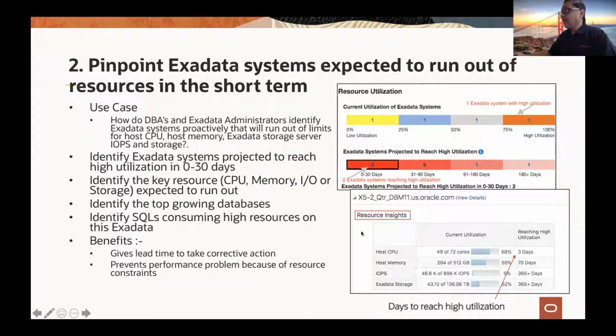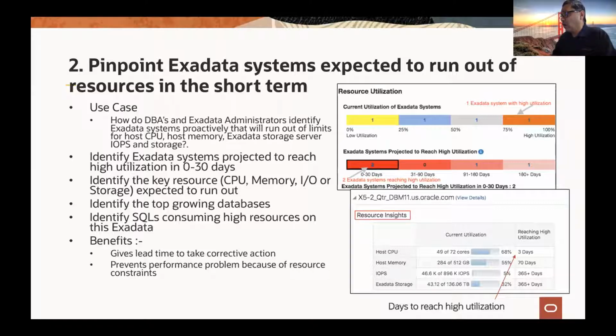At the same time, you should be able to identify your top growing databases and which SQLs are consuming the highest resources across your entire Exadata estate, not just one single database.